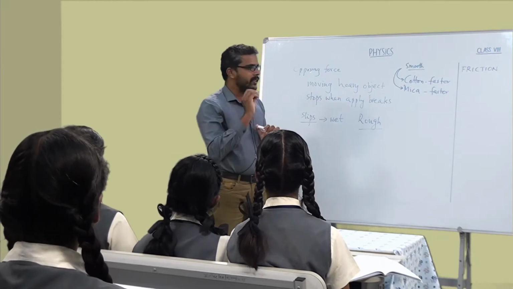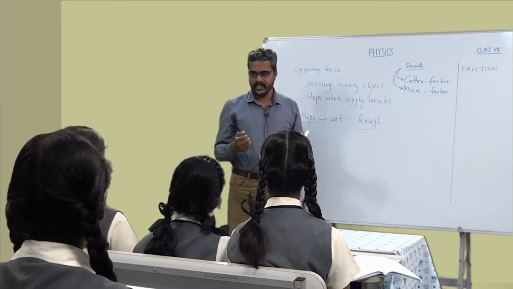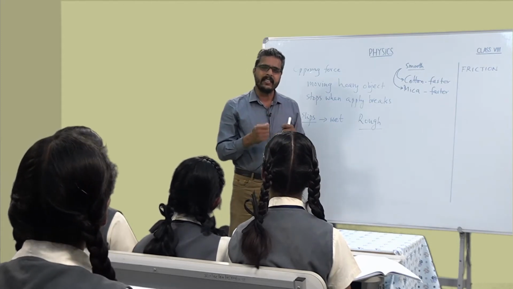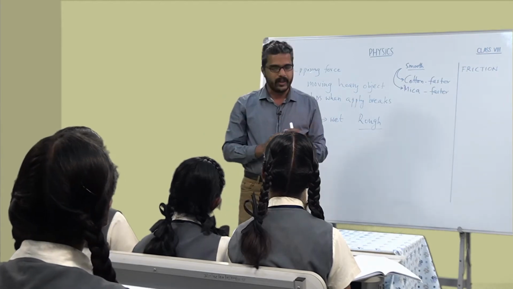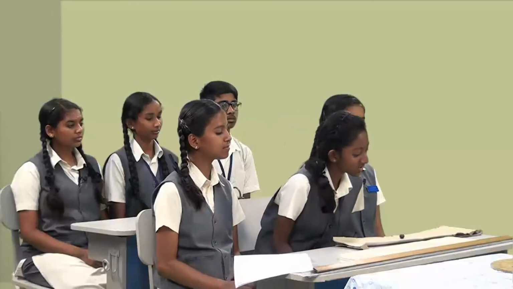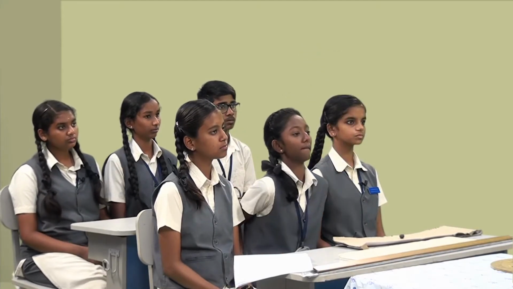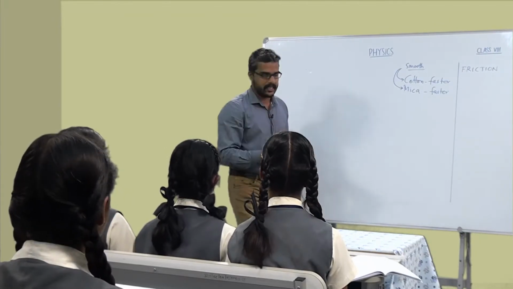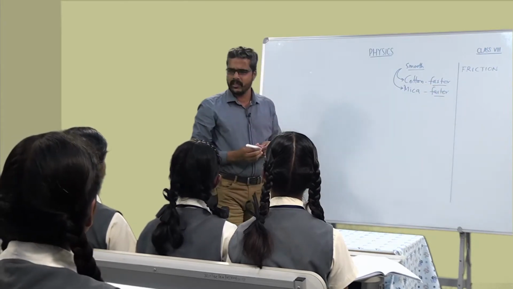We could see that the iron ball or the wooden cart is moving either slow or fast on different surfaces. So why is there a difference in motion of these objects when moved on different surfaces? It is because the surface is smooth or rough. Because of the smooth or rough surface, the object's motion is slow or fast. So the fastness is because of the smoothness.